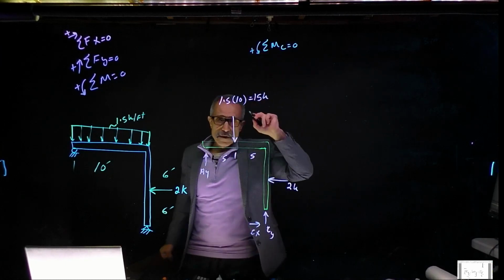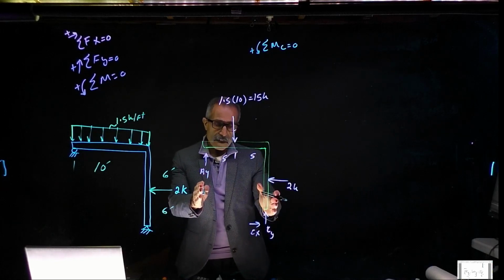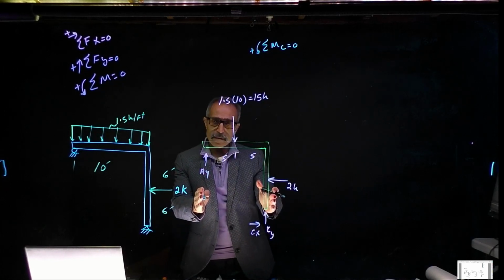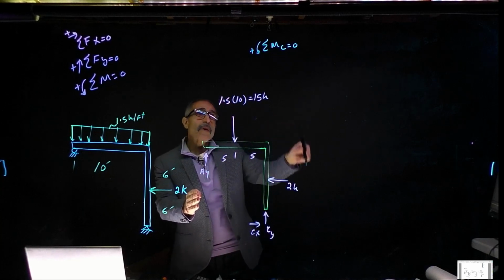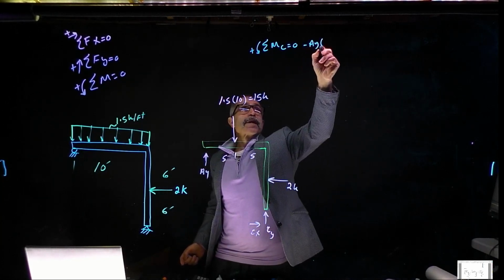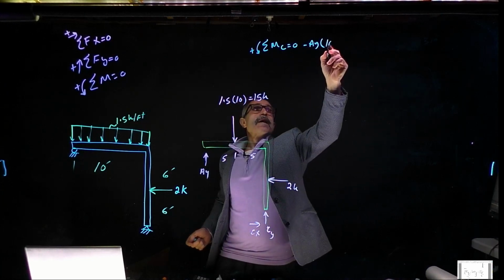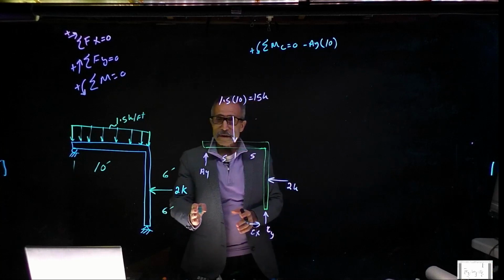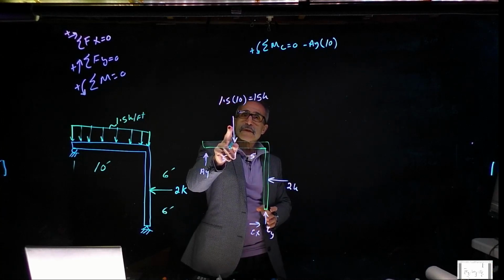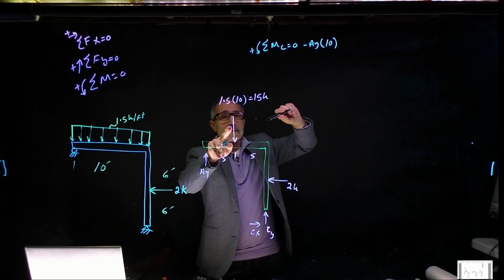Counterclockwise is positive. So I have right here, again, this is the vertical perpendicular distance. That's what I'm multiplying by. And it's going to go clockwise, so it's going to be minus AY. The perpendicular distance is going to be 10 feet. And the next force is nothing until I get right here, which is 15 kips. And that's going to rotate counterclockwise, so it's positive.